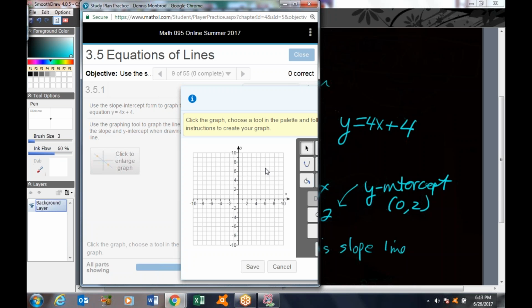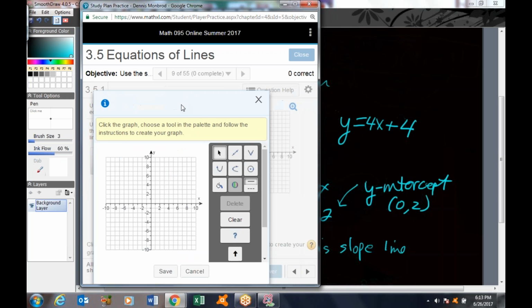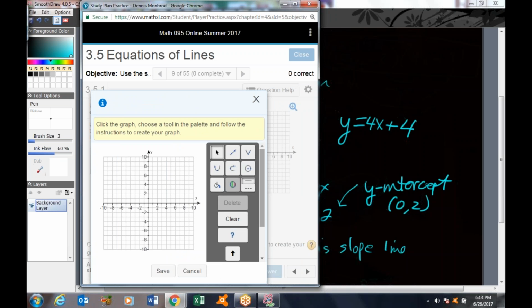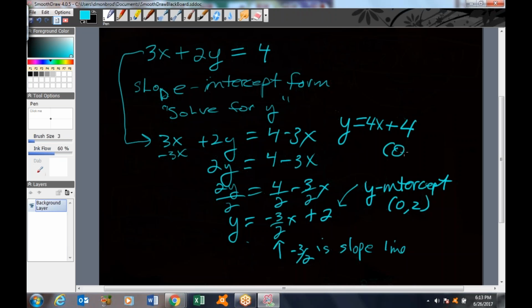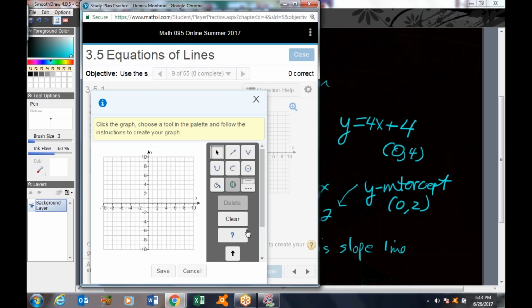So on my graph, what I do is I first start at the point (0, 4). This is a fast way to get a graph. And we know that's a point because if you look at the equation, if x is 0, y is 4. Anyway, start at that point.